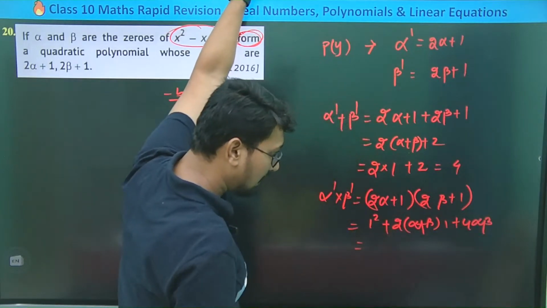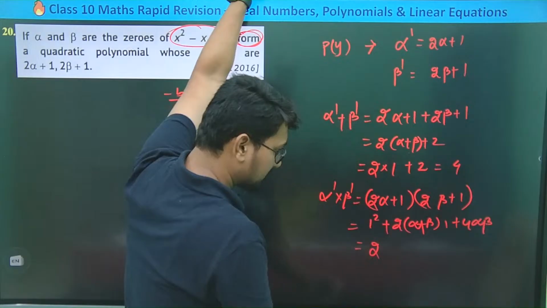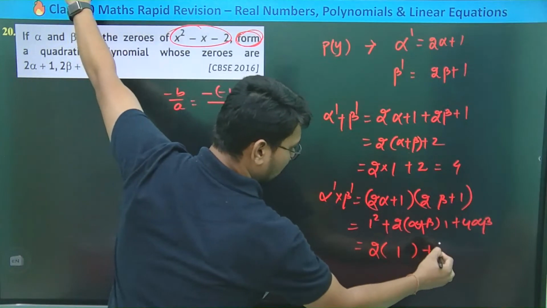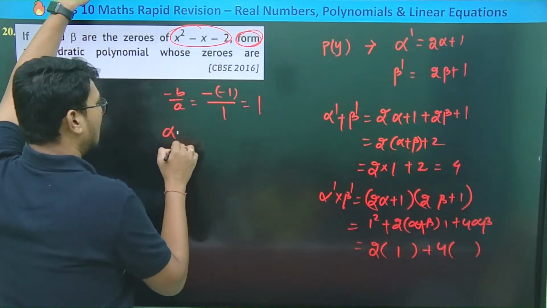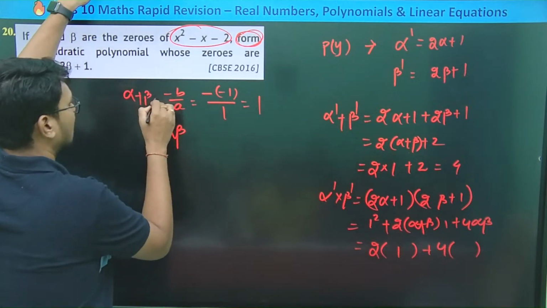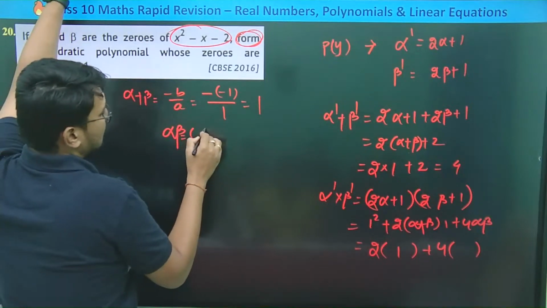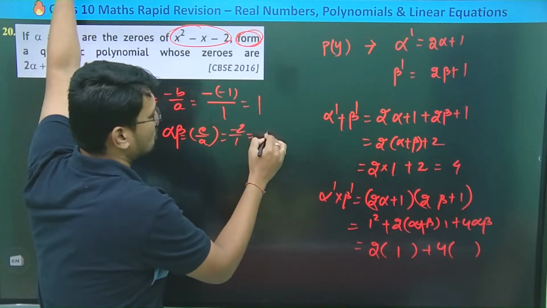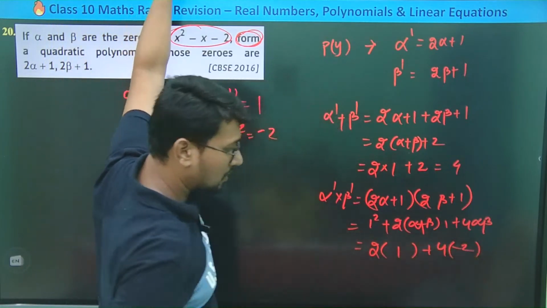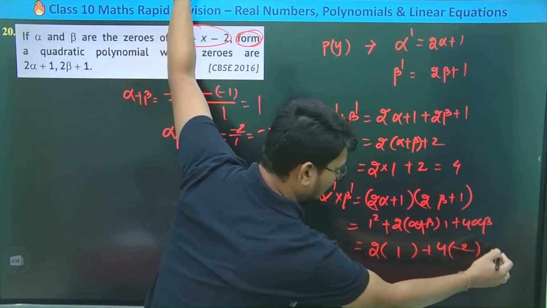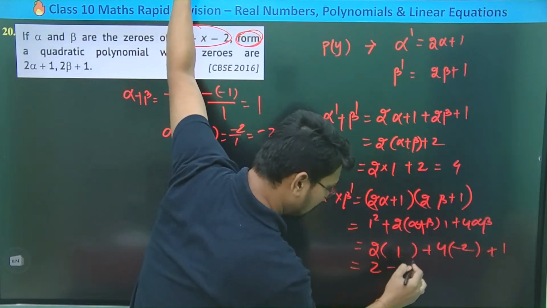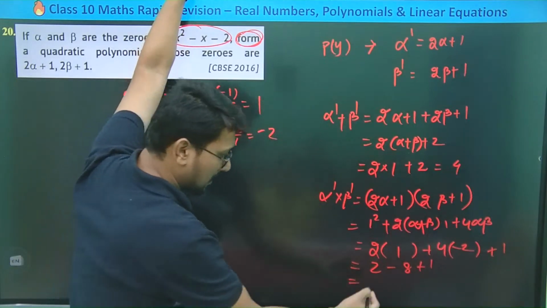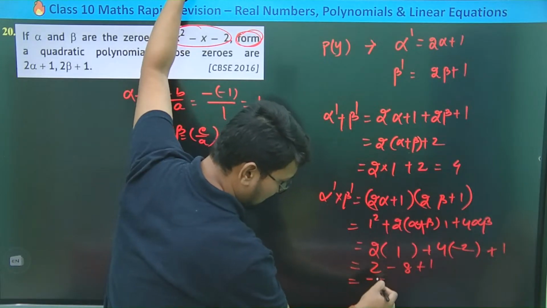So it becomes 2 into alpha plus beta, which is 1, plus 4 into alpha into beta. Alpha into beta is c by a, that is minus 2 by 1, which is minus 2. Plus 1 was there. So 2 minus 8 plus 1, that is 3 minus 8, which is minus 5.